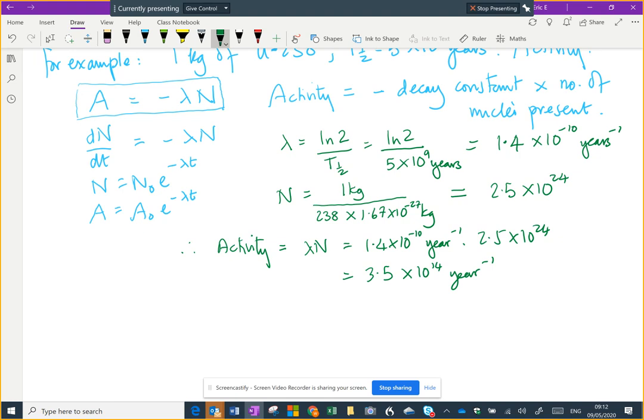So what are we going to do, Chidi, to convert that into becquerels, which is the activity per second? Yes, so that's per day. And then to get per hour, and to get per minute, and to get per second. Well done. So your calculator duty, well done. You're doing very well.